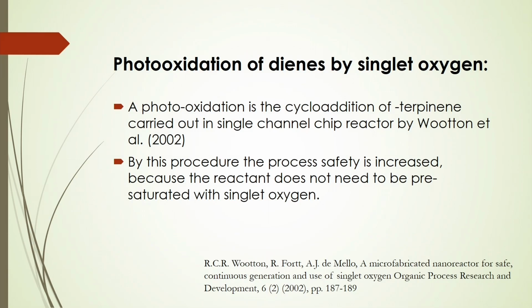In this case, the photo-oxidation is the cycloaddition of terpene, carried out in a single channel chip reactor, investigated by Wootton et al. 2002, and they reported that by this procedure the process safety can be increased because the reactant does not need to be pre-saturated with singlet oxygen. So, this is another important application of channel-based microreactors like the chip reactor.